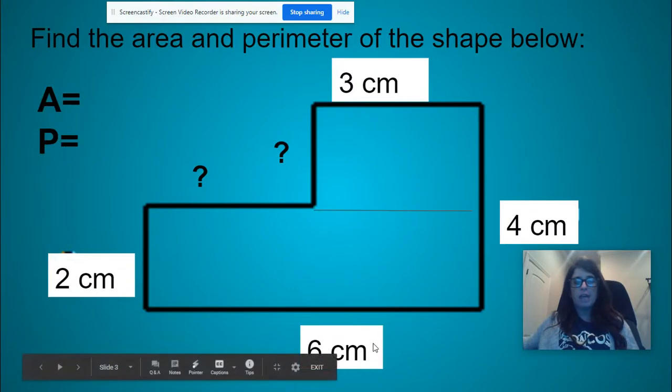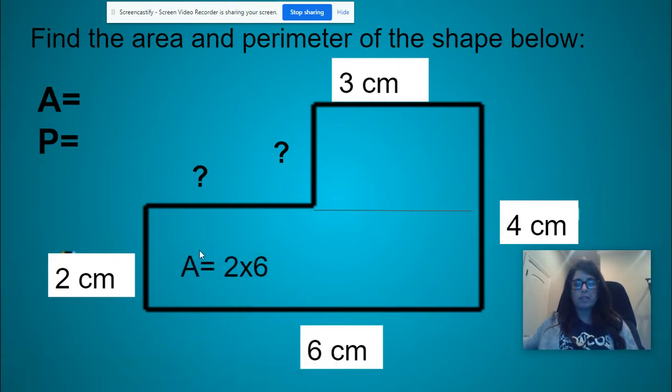I know that I can figure out the area of this bottom rectangle because I have the length here is 2 and the width is 6. So I already have my dimensions there, 2 centimeters and 6 centimeters. And if you remember, area is length times width. So my problem is 2 groups of 6. Area is equal to 2 groups of 6.